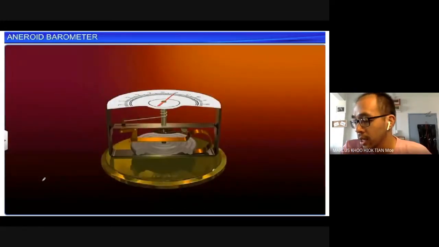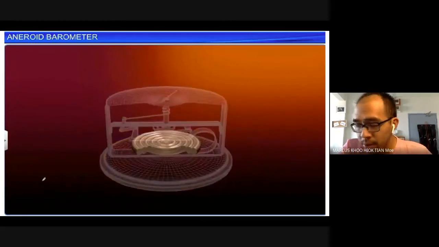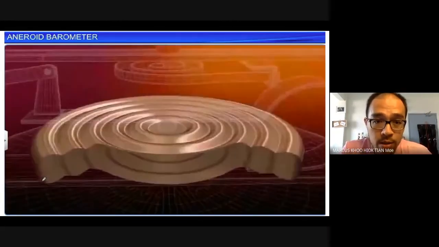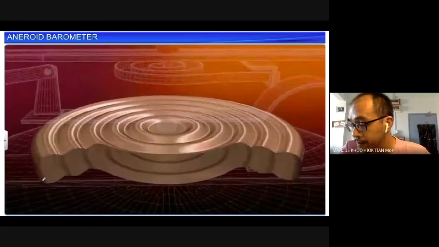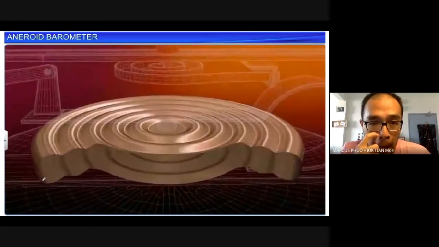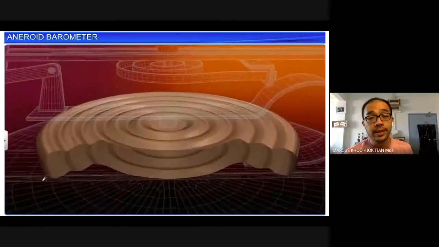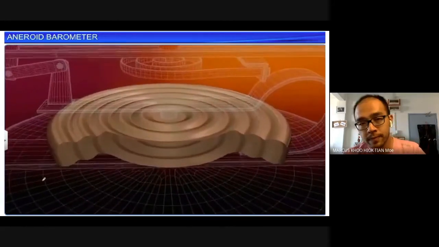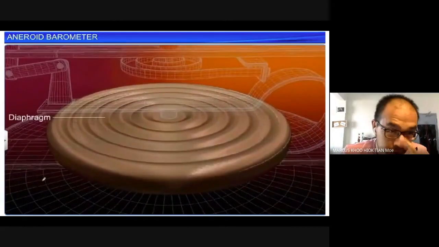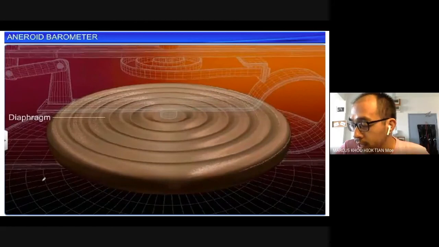Okay, it does not use any liquid, but it still can measure atmospheric pressure. So the aneroid barometer, same picture as page 51. This is the semi-vacuum metal box inside your textbook. There's a diaphragm over there.